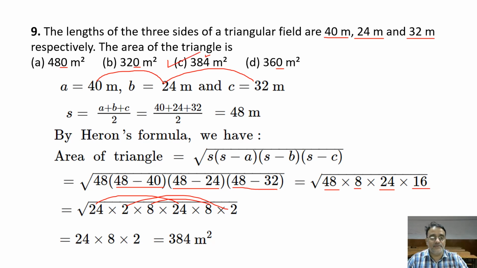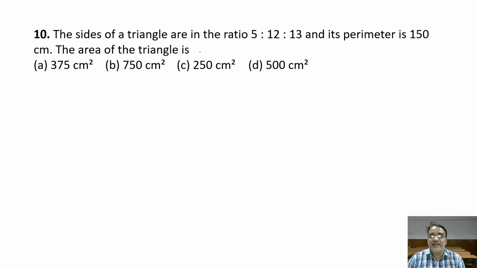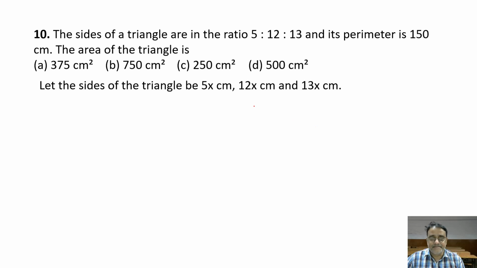This is clear to all of you? Yes, yes. Okay. Now we are moving to the 10th question. The sides of a triangle are in the ratio 5 is to 12 is to 13 and its perimeter is 150 centimeter. The area of the triangle is dash. So first of all, using the ratio we will find the sides. Let the sides be 5x, 12x and 13x and the perimeter is given, the sum of all sides.